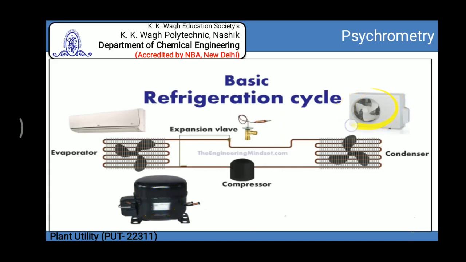We know that this is mounted on the outside wall of our building and works as a condenser. This is the expansion valve from which the liquid is passing and the flow of liquid is restricted. And this is the air conditioner which we can see in our rooms, where the actual evaporation process takes place.